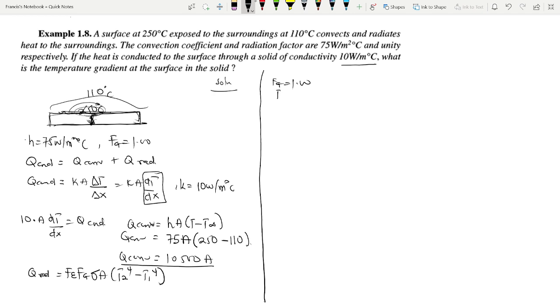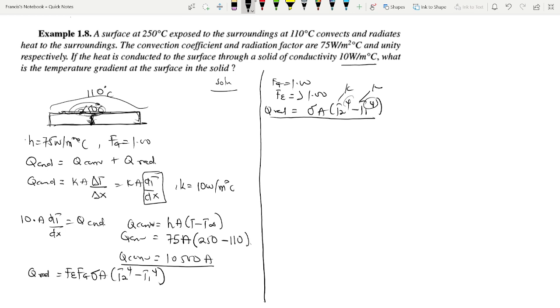And with the emissivity, since the question didn't give us any information on that, we can assume that too should be 1.00. And we get our heat of radiation to be sigma A T2 exponent 4 minus T1 exponent 4. So for the Stefan-Boltzmann law, your temperature is supposed to be in Kelvin because of the exponent.